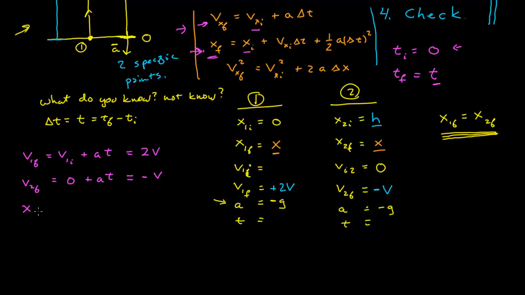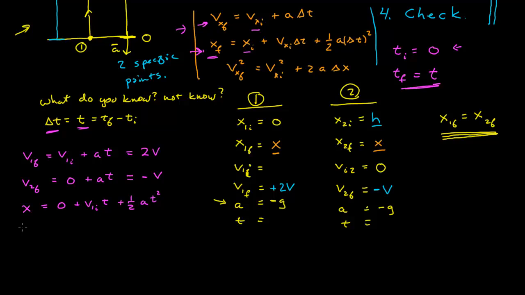So the final position of particle 1, which is x, is equal to its initial position, which is 0, plus its initial velocity times time, plus 1/2 its acceleration times time squared. Really, this is the time interval, but given how I've defined the times, it is just equal to this t, the final time.